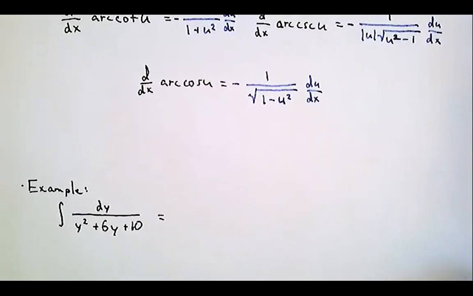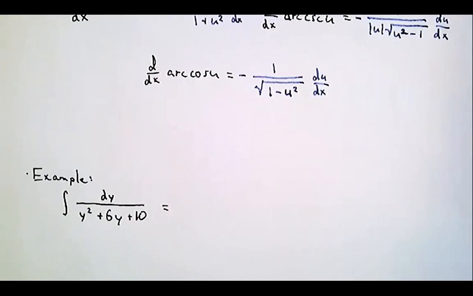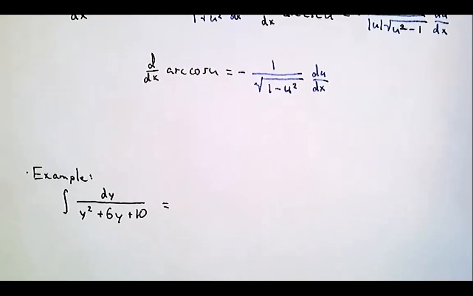Okay, so here's my example. I'm integrating dy over y squared plus 6y plus 10. So does this look anything like the rules that we've been talking about in the section? What do you think? Can we use one of our rules?